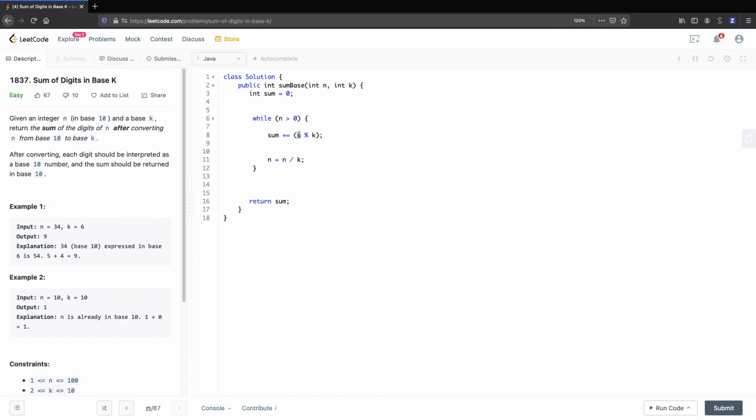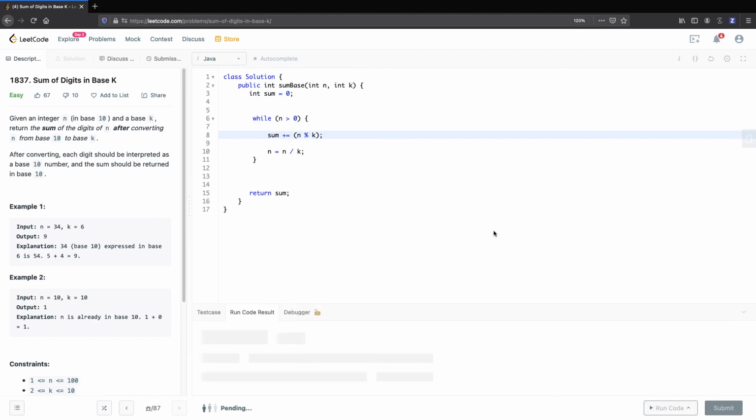And then after we have our current number, that number is going to be just a little bit smaller. It's going to be divided by our k, and then it's just going to keep cycling through up until n isn't greater than 0 anymore. So it's literally just these few lines of code that we need for this problem.